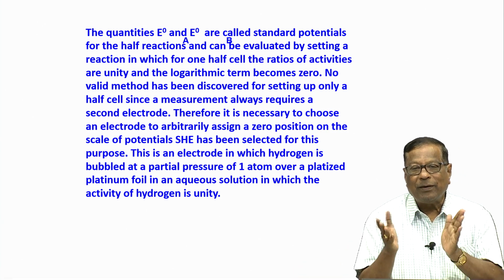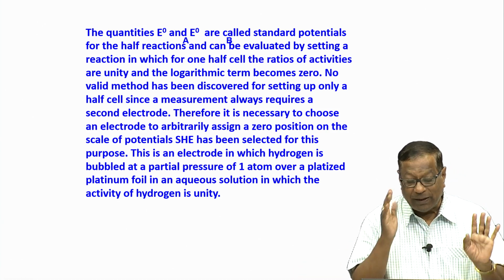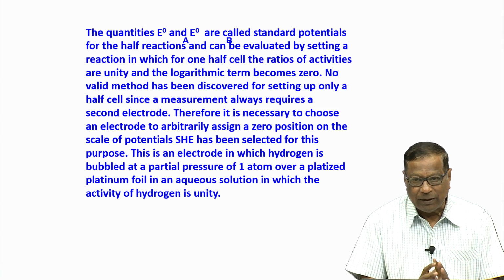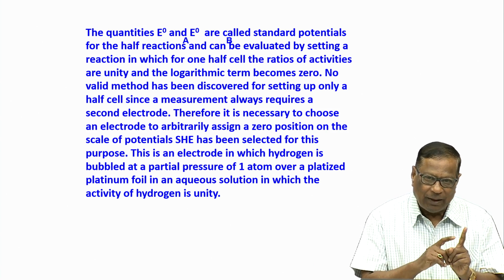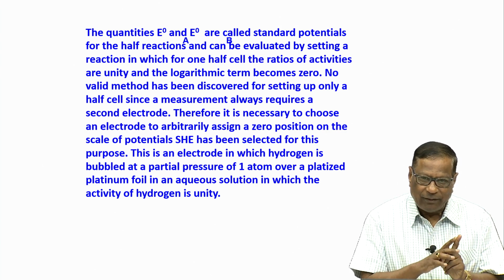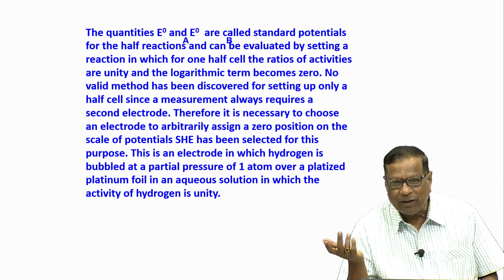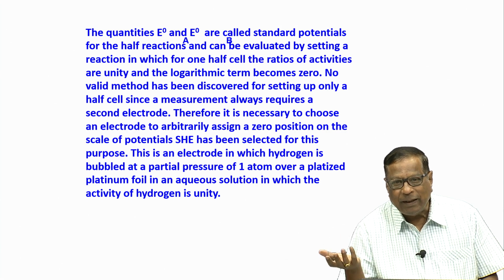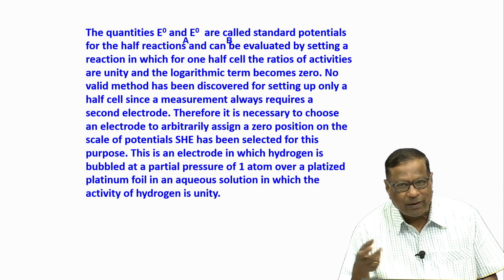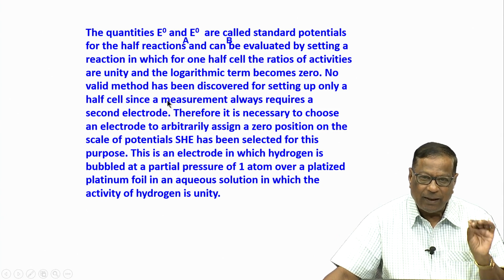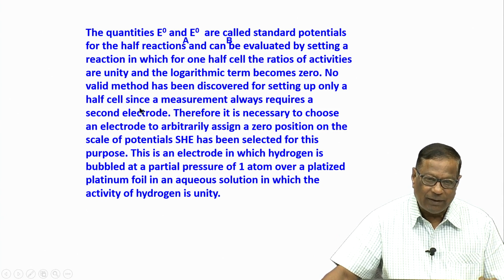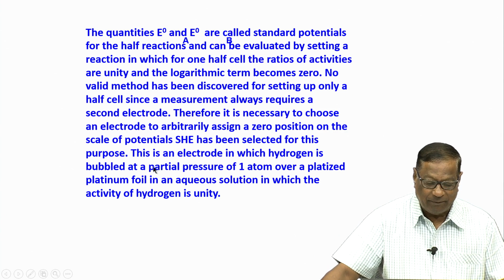I cannot carry out either oxidation or reduction alone. For oxidation to take place, there has to be another species to take the electrons, otherwise I cannot just deduct the electrons.